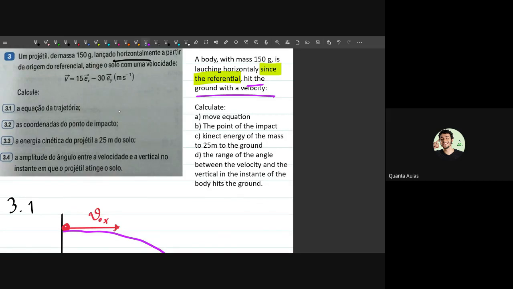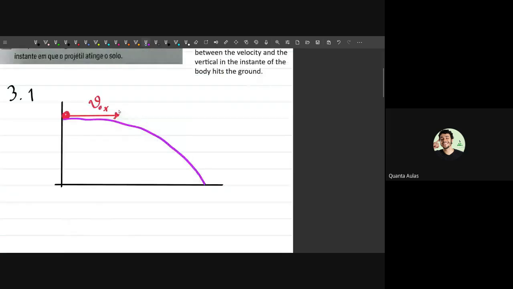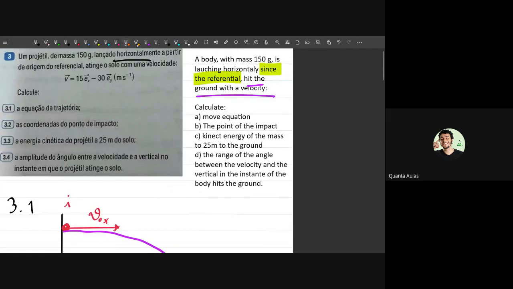But do you understand now? Do you see my error? Okay, you understand? Amazing. So this is the initial, and here I will put the I for initial and the F for finishing, and we have the velocity here. The velocity at the finish, at the end of the problem, is these things here.